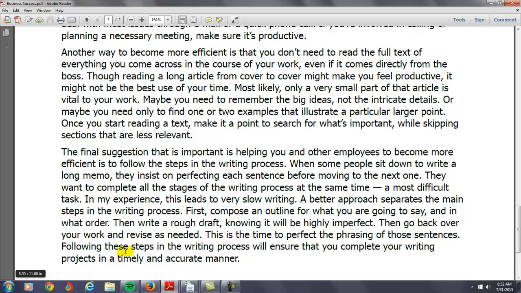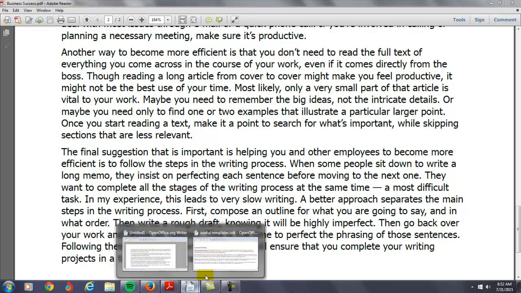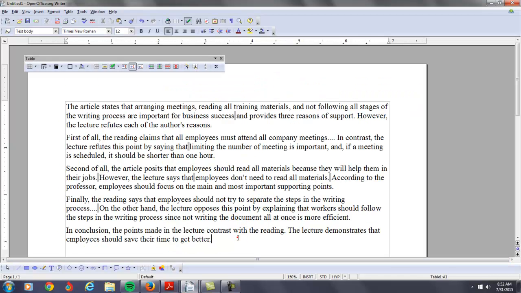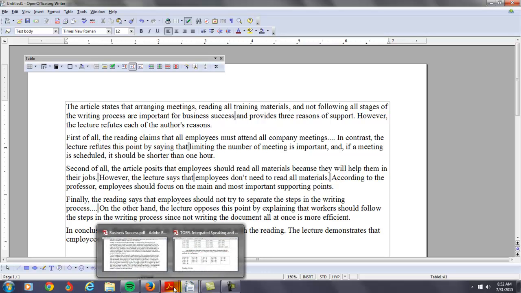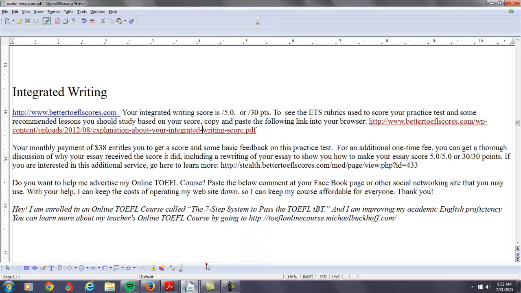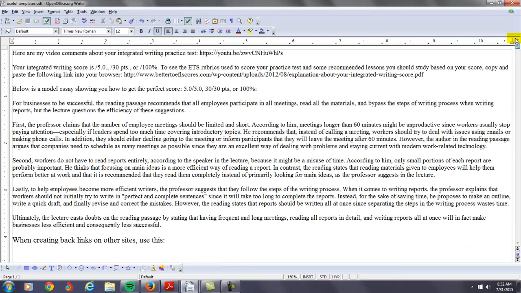And that explains what the steps in the writing process are. Alright, so what do we have? So let's compare what you've written here. I've already made a few corrections and things, and let's compare this one with the sample. And I'll put this along my message also so you can see it.